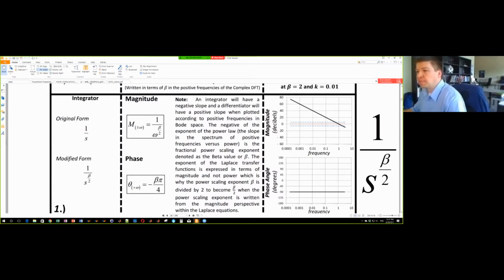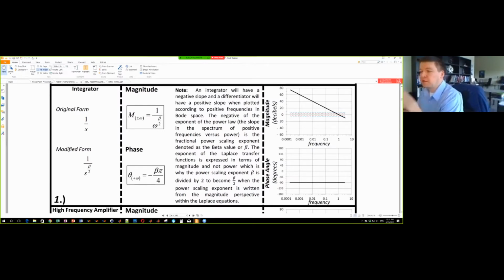When you calculate the magnitude from that, and then the phase, the magnitude is 1 over omega to the beta over 2, and the phase is minus beta times pi over 4 for positive frequencies. And that dictates the slope that you receive.